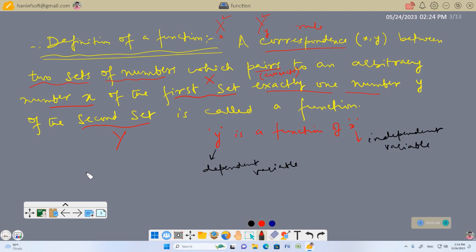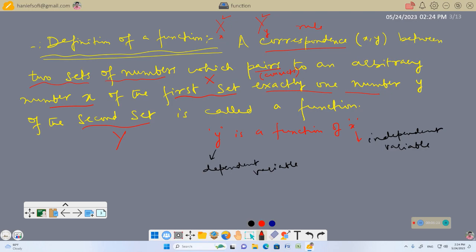Then we defined function. We said it is a correspondence x, y between two sets of numbers which bears to an arbitrary number x of the first set exactly one number y of the second set.